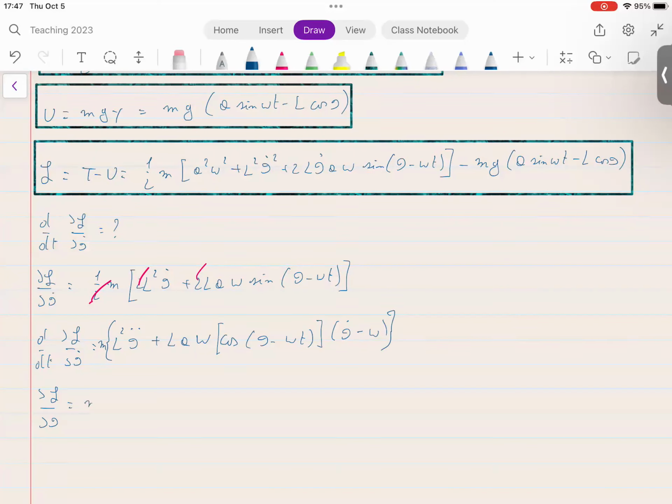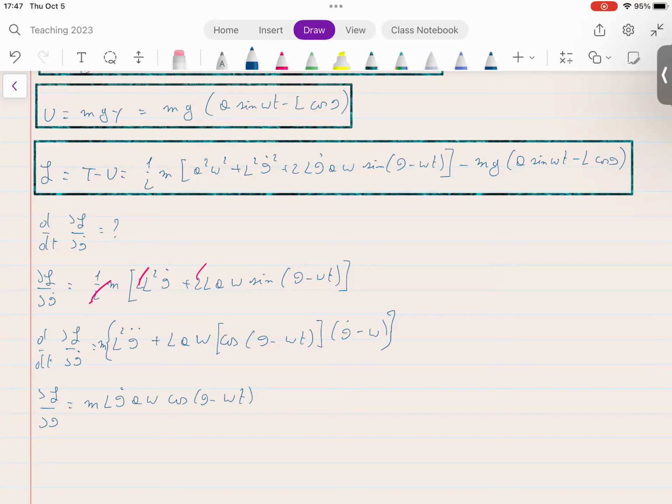So this gives me 2 times L times theta dot times A times omega times the cosine of theta minus omega t.